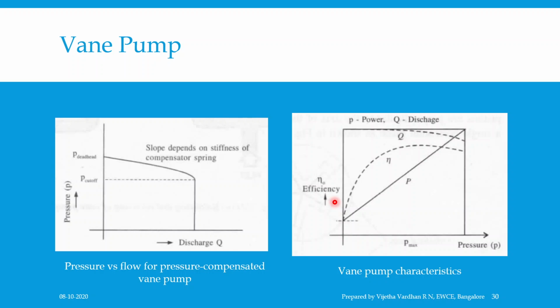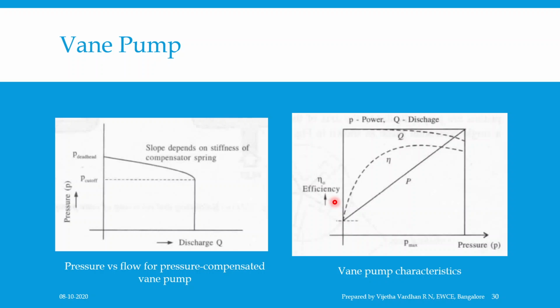It is the discharge pressure of the pump which is equal to the compensatory spring force, denoted by P cutoff. And the deadhead pressure is the maximum discharge pressure of the pump at which the compensatory spring is compressed, zero eccentricity is achieved, and at which point flow ceases.